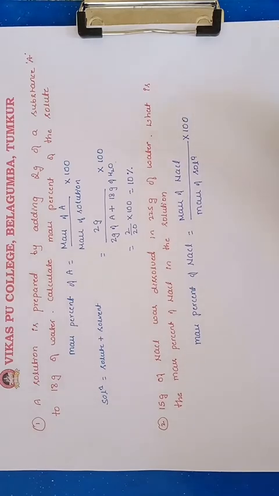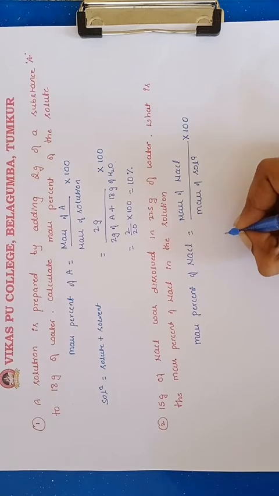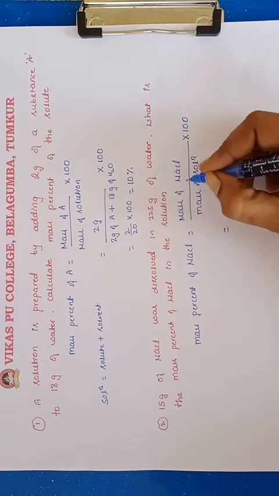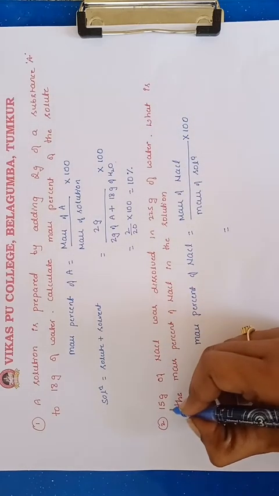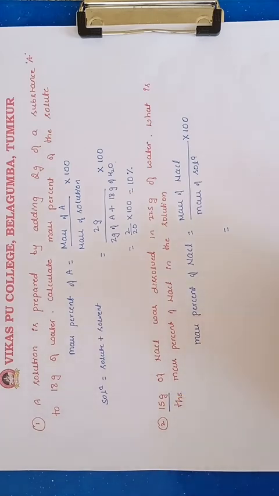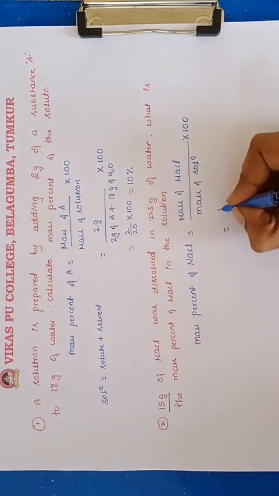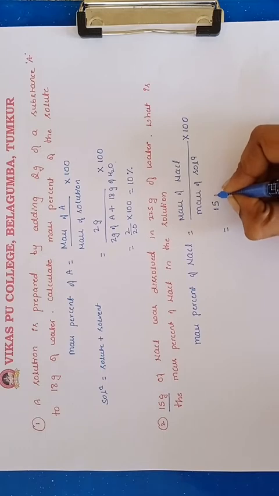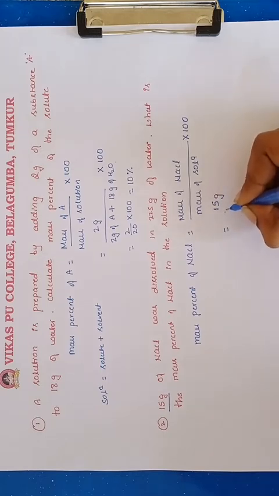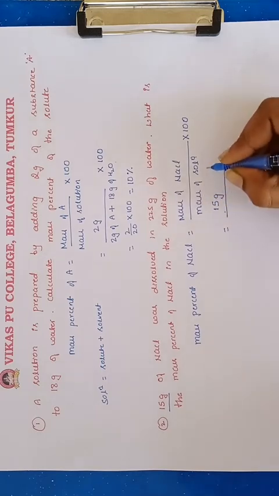This is the formula we use to calculate the mass percent of sodium chloride. How much is given? They have given 15 gram. So we write 15 gram divided by mass of solution.